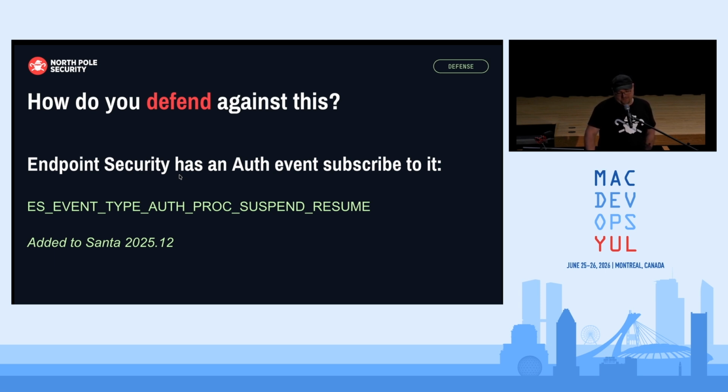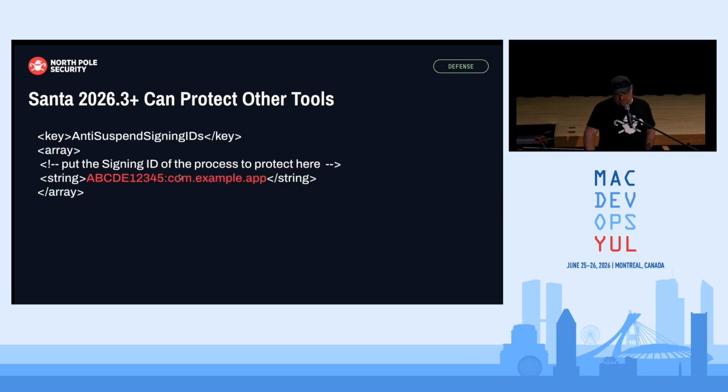If you subscribe to this particular event, you can actually deny it as long as you pick the target for yourself. This is part of why we did this. It's also why we put out a blog post for all this stuff. We fixed this in Santa 2025.12, and we realized this was a thing, so we actually extended Santa to be able to protect other tools. So if you put the team ID prefix and the signing ID underneath it, you can block this for other applications as well.